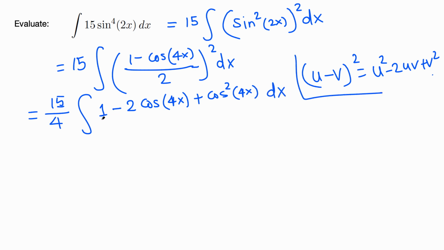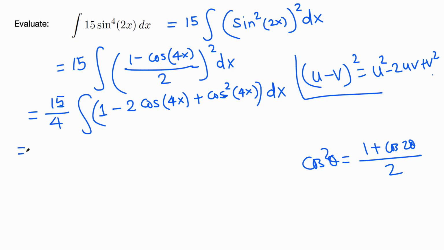Okay, this part is clear. Now we know how to find the antiderivative of 1 with respect to x. This is also fine. There is no square or cube, but we still have a square here. So we need to write a formula for this. Like last time, I wrote here, cosine squared theta is (1 plus cosine 2 theta) over 2.